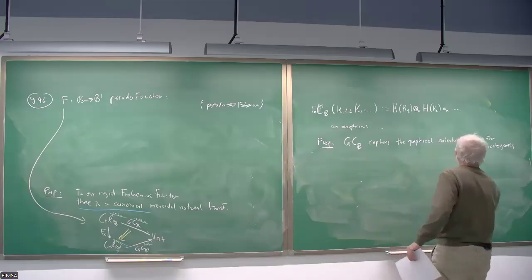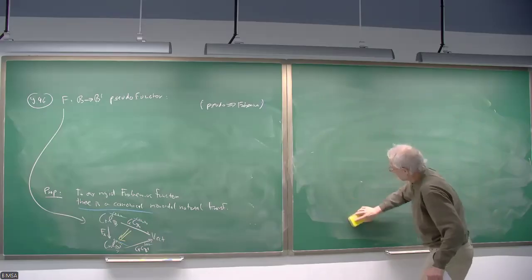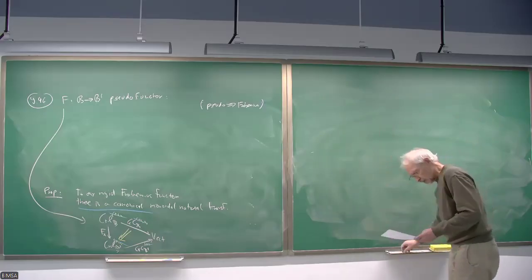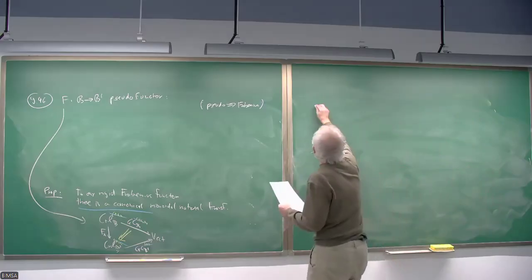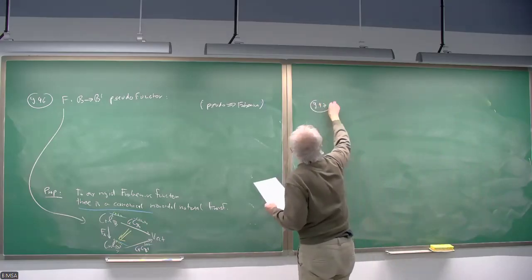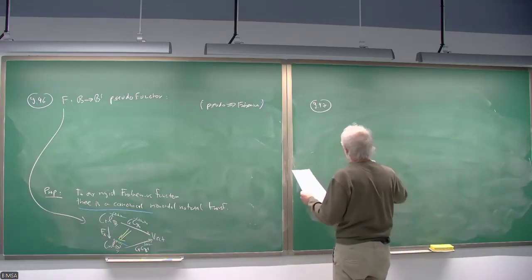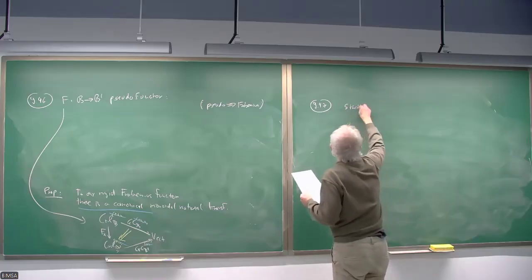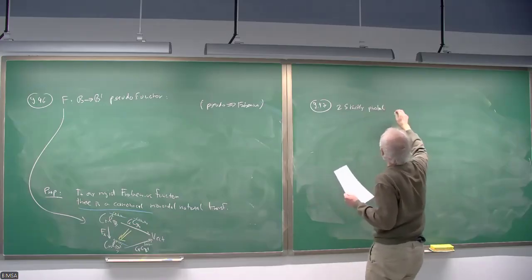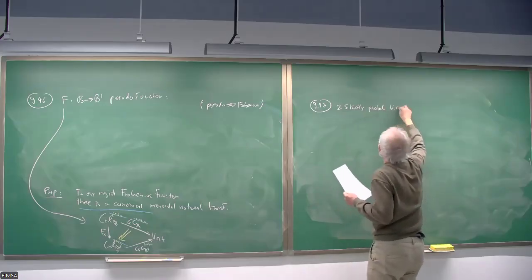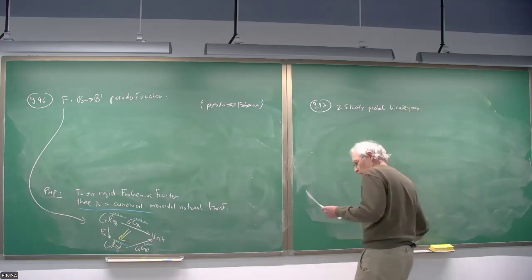And now I specialize to a situation which is of interest in connection with what we did before, namely there are two strictly pivotal bicategories that arise naturally in our context. And actually, one of them we have already seen, the other one almost.